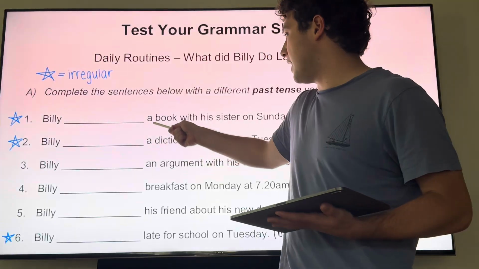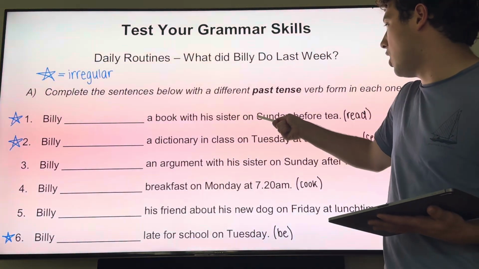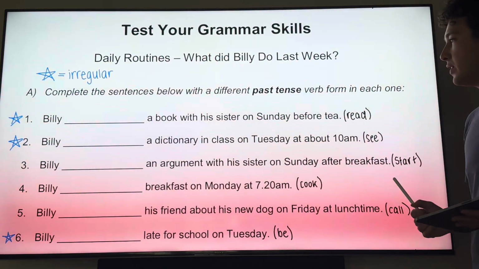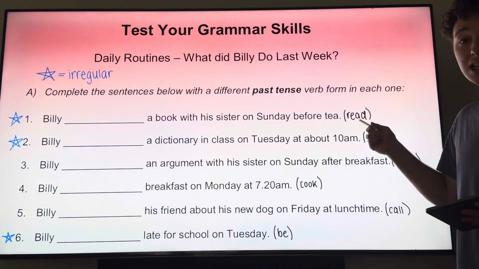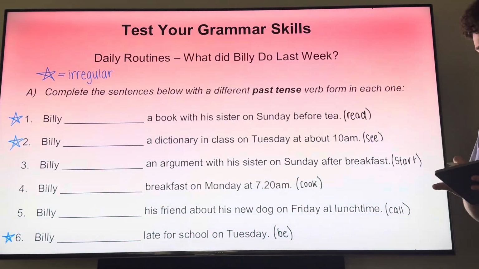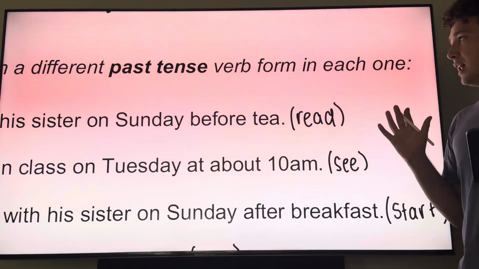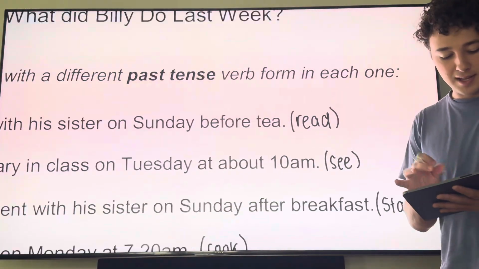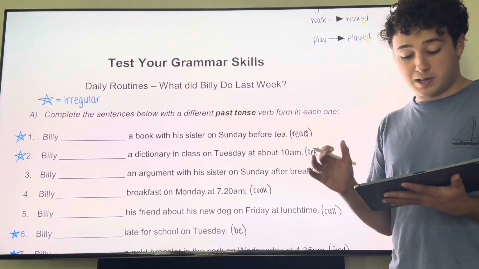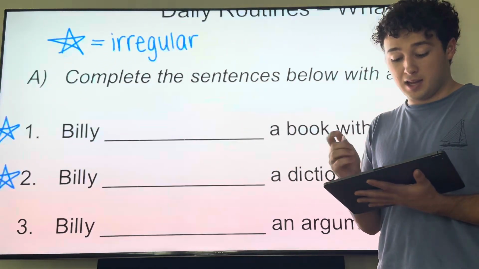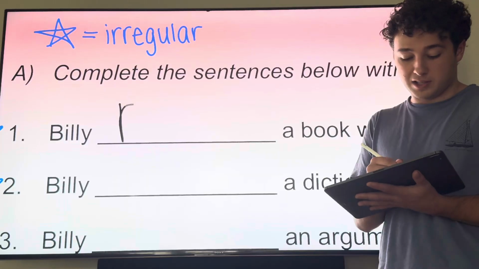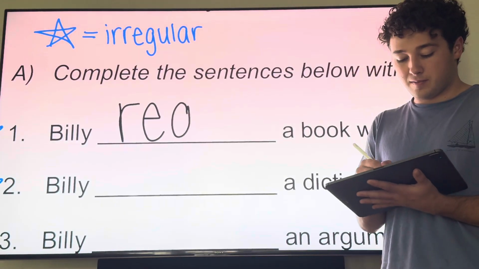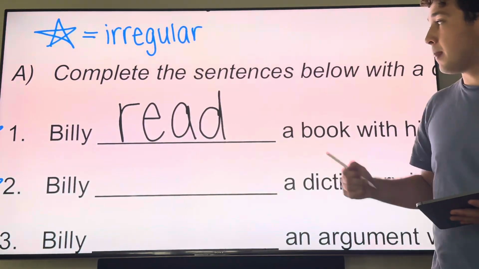Billy blank a book with his sister on Sunday before tea. This one, the verb in present is read. Now, this one is a little complicated because the past simple for read is read, but it is spelt the same way.